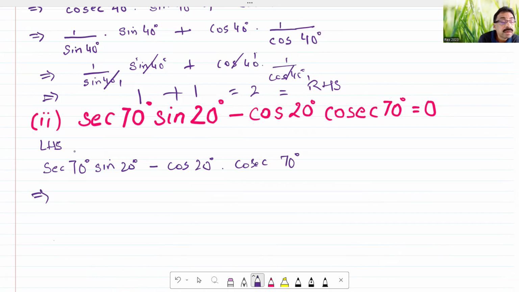Sec 70 can be written as sec 90 minus 20, that into sine 20 minus second term cos 20. Well, let's keep cos 20 as it is. Cosec 70 degrees can be written as cosec 90 minus 20.